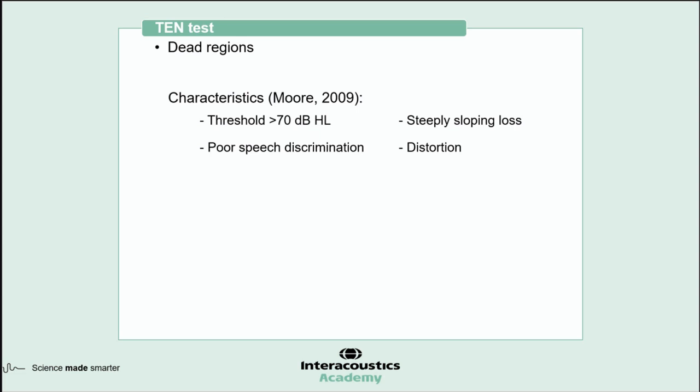But actually, because we know that off-frequency listening can take place, with the traveling wave being much broader than the frequency specificity of the inner hair cells, that's where it's potentially got a huge amount more utility than we realize at the moment, or that it's actually being used for.